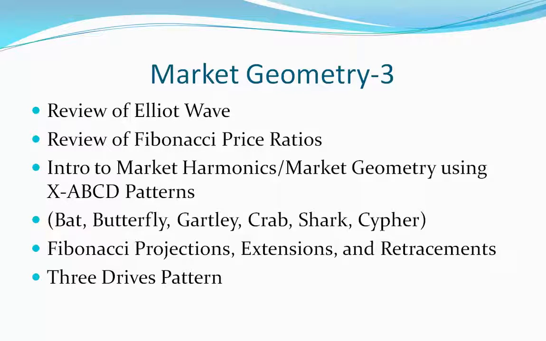And then we're going to go through the intro to market harmonics, or what they call market geometry, using the XABCD patterns, which people also look at as the bat, butterfly, Gartley, crab, cipher. I didn't include the shark. It's kind of a wacky pattern, so I'm not going to include that. And as I said, Fibonacci projections, and then we'll look at the three drives pattern.